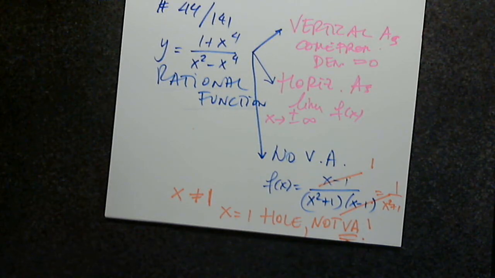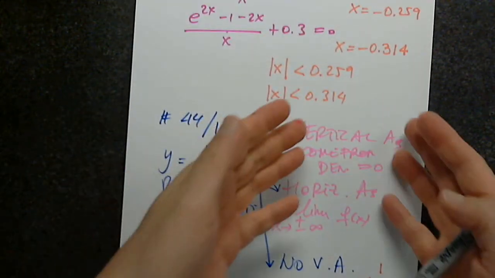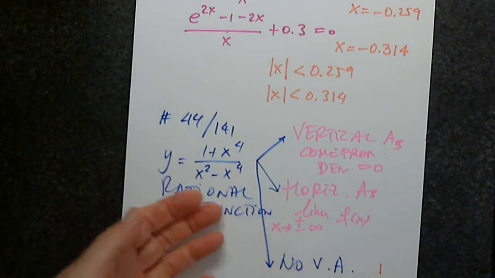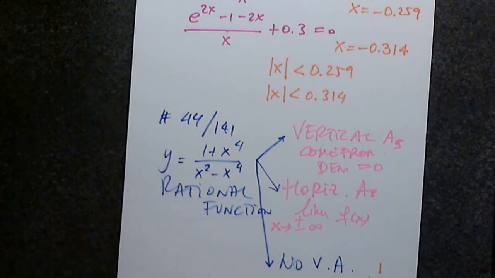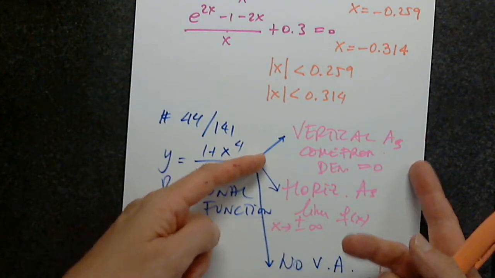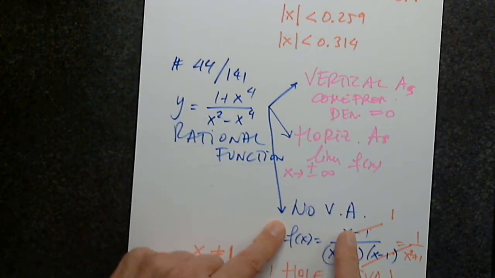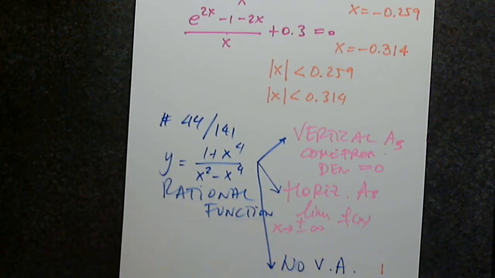The original function is still undefined at 1, but x equals 1 is not a vertical asymptote. So basically, we will encounter 3 different situations for a function: vertical asymptotes, potentially holes in the graph, and horizontal asymptotes.